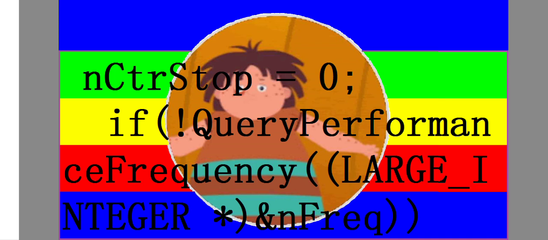Windows.h announces this prototype, LARGE_INTEGER asterisk, ampersand nfreq.